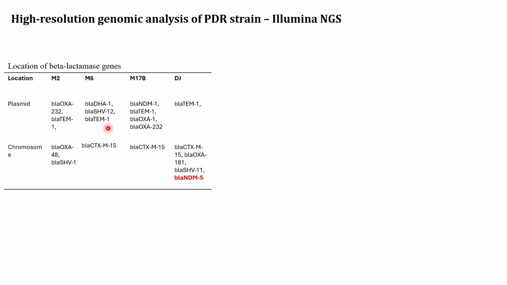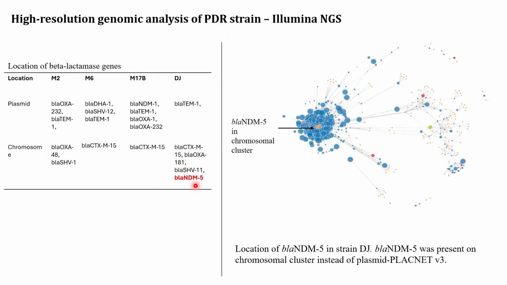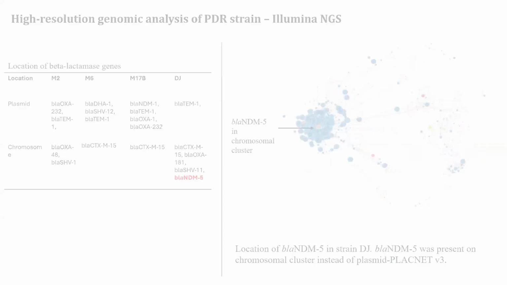These are the 4 isolates where I'm showing the data, and you can see that the NDM5 is on the chromosome, which is again extremely unusual, and till date, very, very few isolates across the world have shown that NDM is on the chromosome. This is the data of PlaCNet, where you can see that the NDM5 is in the chromosome, whereas all these other faraway dots belong to the plasmids.